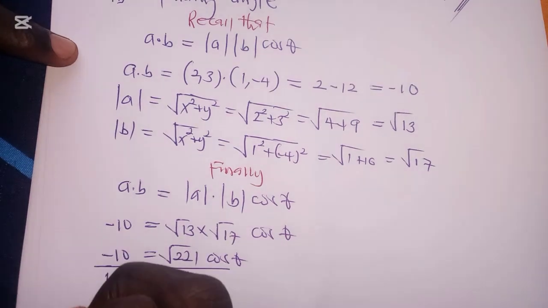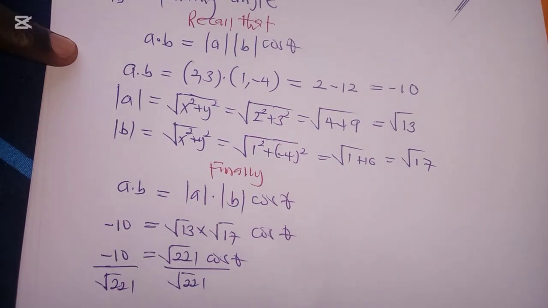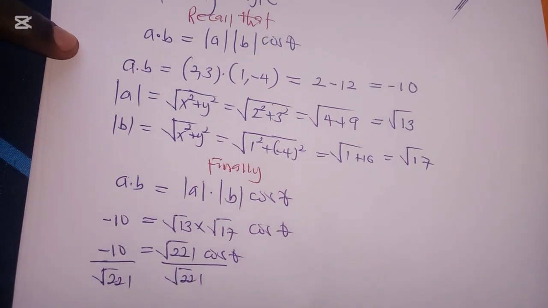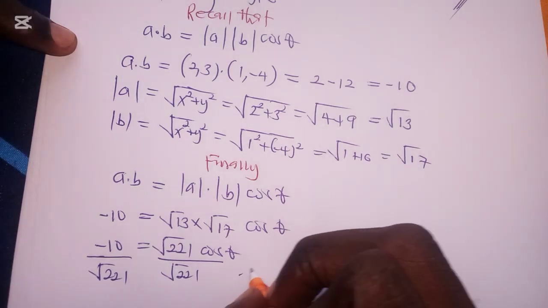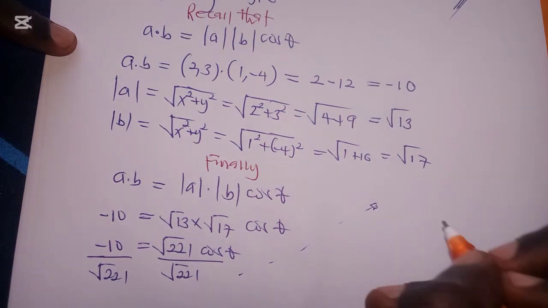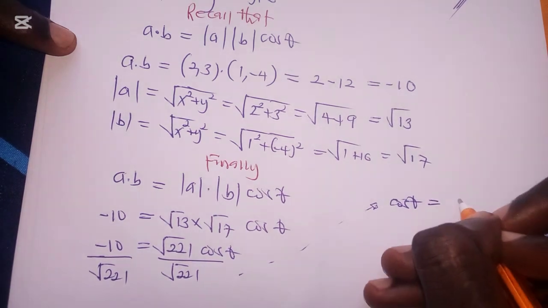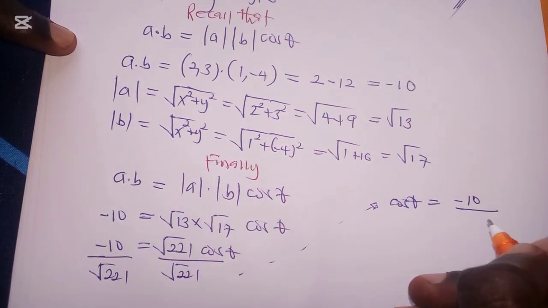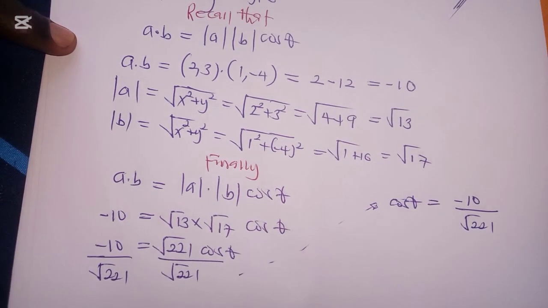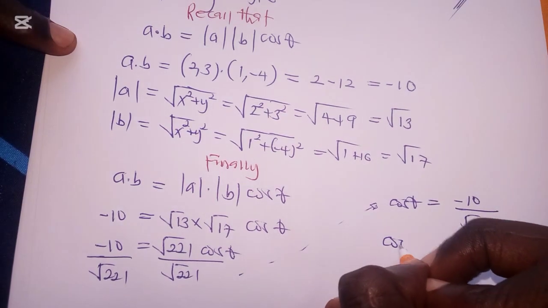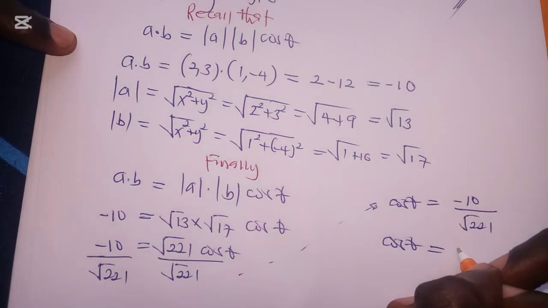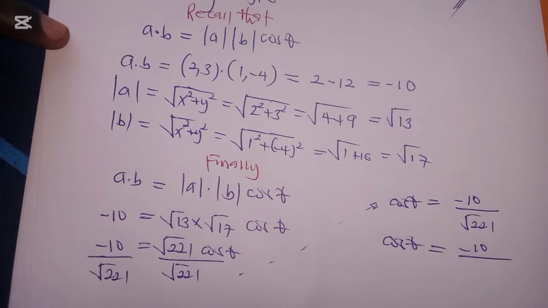So what remains is cos theta equals -10 divided by root 221.